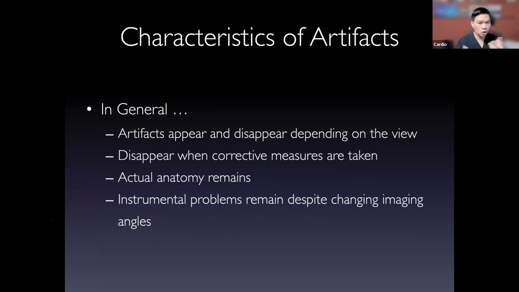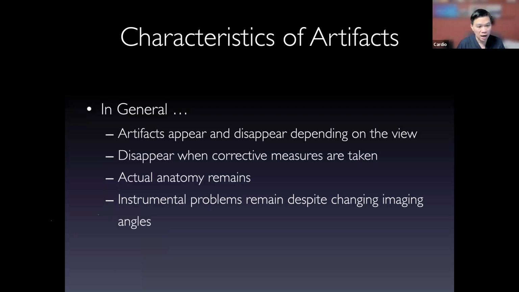If you see certain things in one view, for example a mass in the left atrium in parasternal long axis, but then you go to apical and keep panning and you don't see it, then it's likely that the image or the shadows that you see in parasternal long axis is an artifact. Okay.